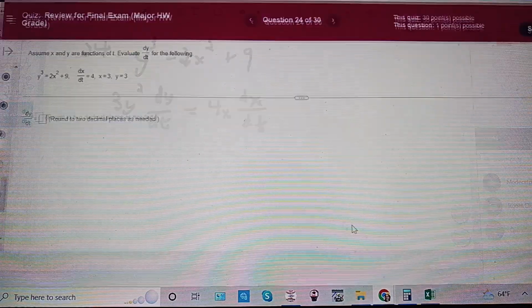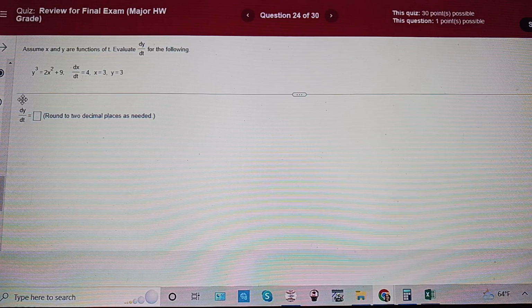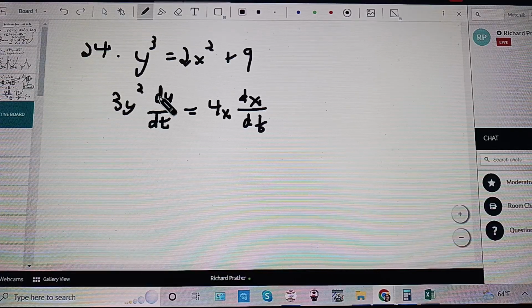And then what we're trying to do is find dy over dt. They could ask for anything, but they say evaluate dy over dt. They give me dx over dt, and they give me both x and y. So basically, out of these 4 parts right here, I know 3 of the 4.